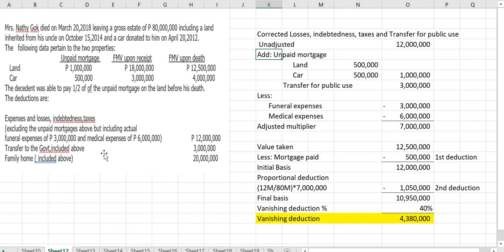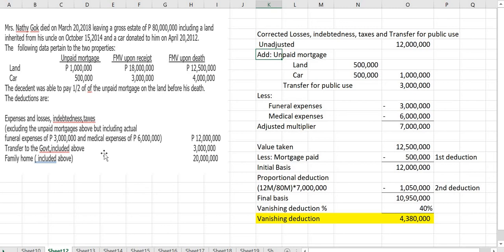The decedent was able to pay 1/2 of the unpaid mortgage on the land before her death. She claimed deductions for expenses, losses, and taxes, excluding the unpaid mortgage above, but including actual funeral expense and medical expenses of 3 million, totaling 12 million. Transfer to the national government, included in the gross estate, 3 million. And a family home, included in the gross estate, amounting to 20 million.